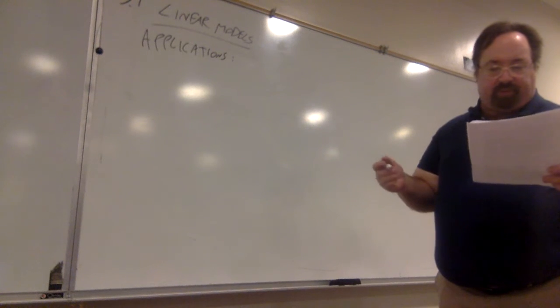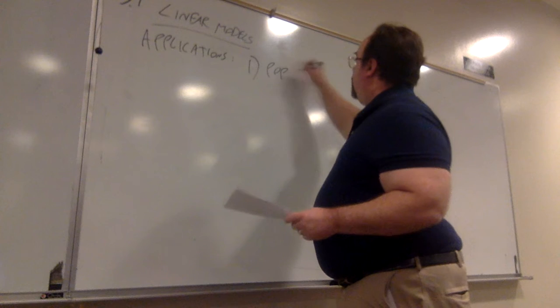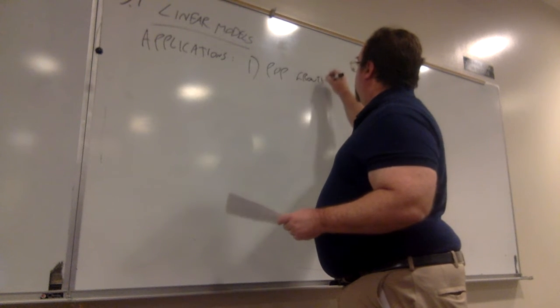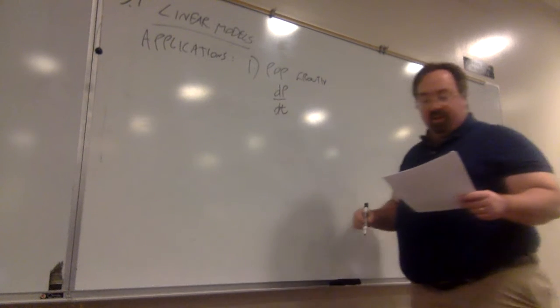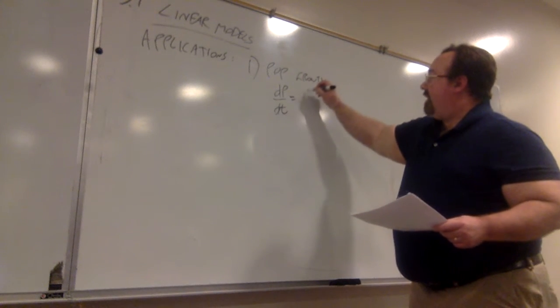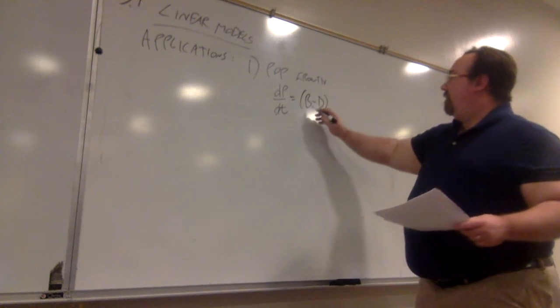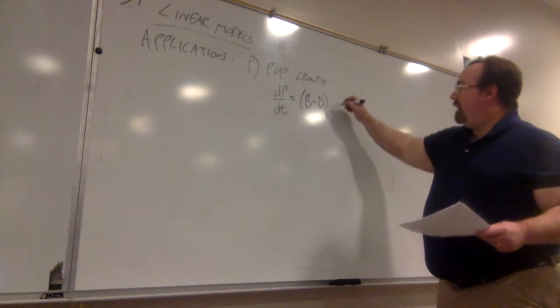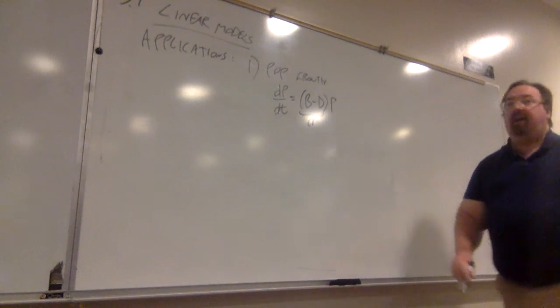So, to recap what I've mentioned already, population growth. So dP/dt, where P is a population, is equal to the difference of constants, B minus D, times P. So this is playing the role of A, and b is 0.